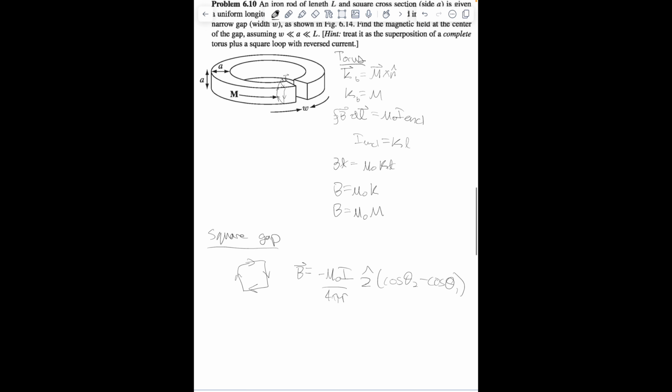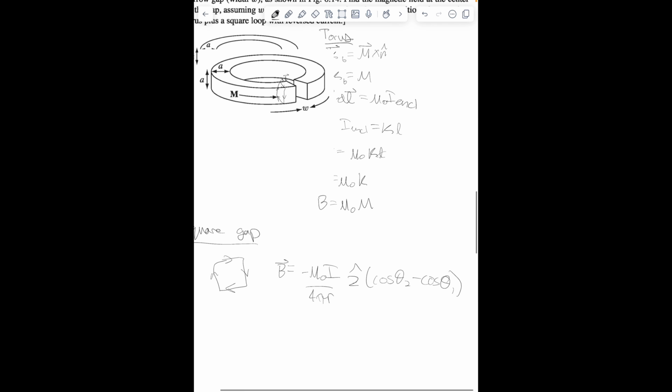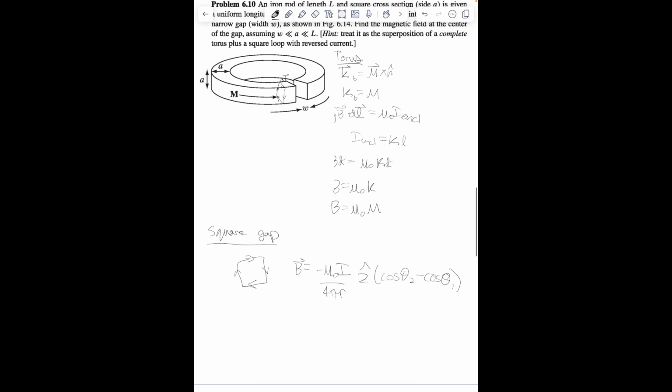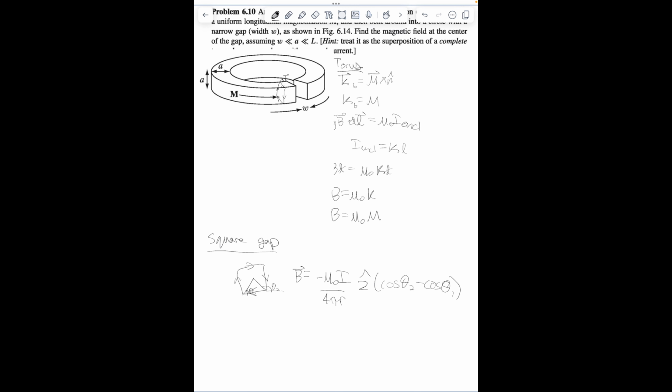Now, in this case, I'm going to draw our theta 1 and theta 2 right here. This is going to be our theta 1. This is going to be our theta 2. And because this is a square, theta 1 equals pi over 4, and theta 2 equals 3 pi over 4, or negative pi over 4, depending on how you want to look at it.